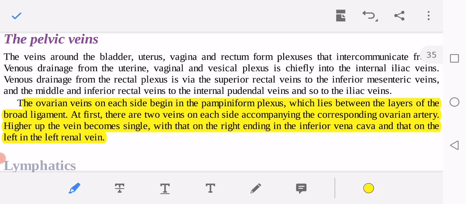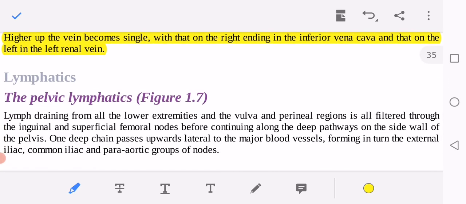Higher up the vein becomes single, with that on the right side ending where? In the inferior vena cava, and on the left side where does it go? Into the left renal vein. Okay, left side to the renal vein, and right side to the inferior vena cava. This is very important, it can be asked in an MCQ.